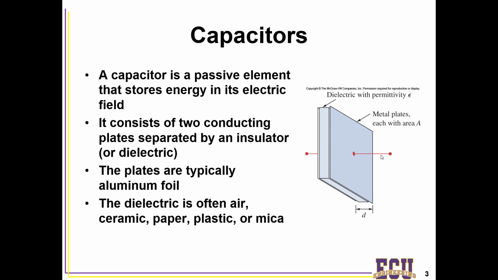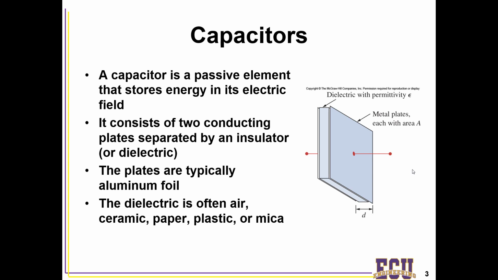But typically what you have are two plates that are made out of conductive materials, a lot of times aluminum or something like that, and then there's something between them. In some cases it could just be an air gap. In other cases it might be a sheet of paper or cardboard. You might see some ceramic discs put in there, mica, all sorts of materials.